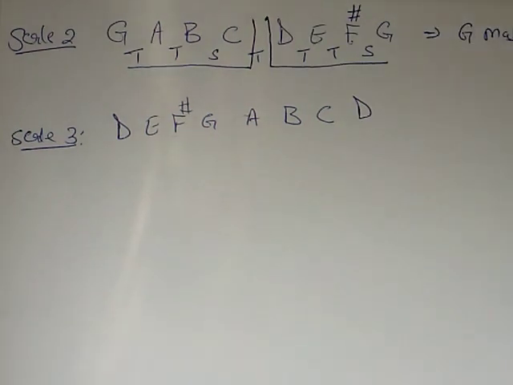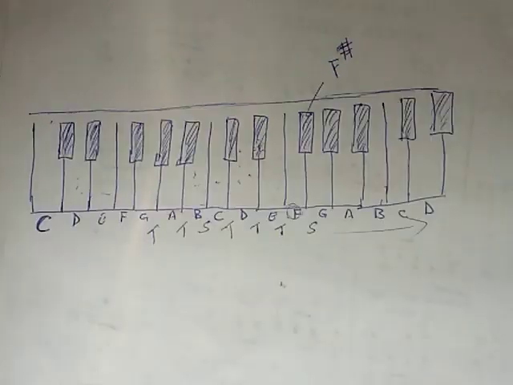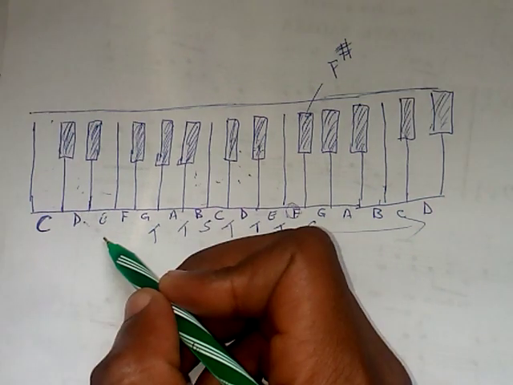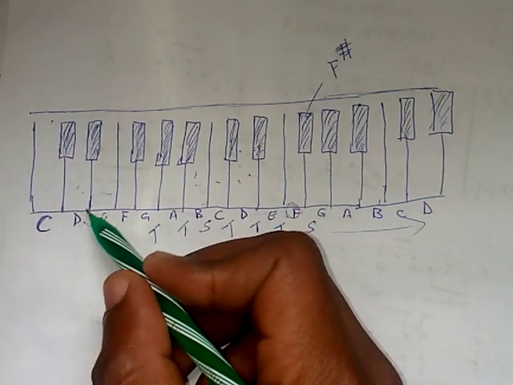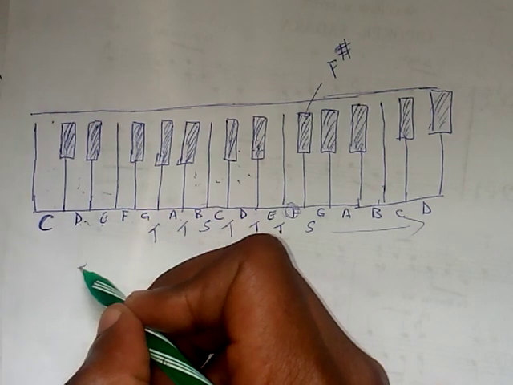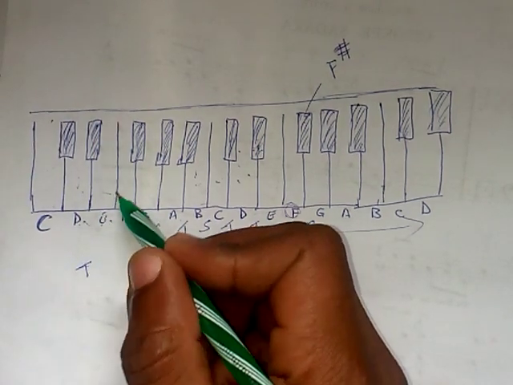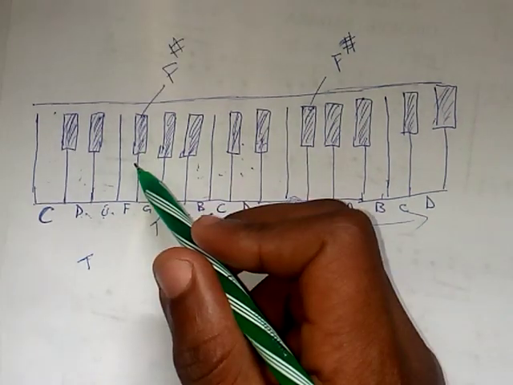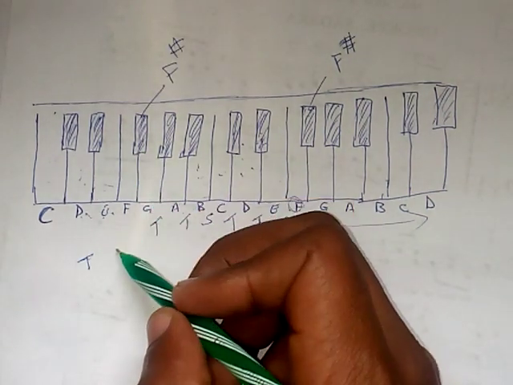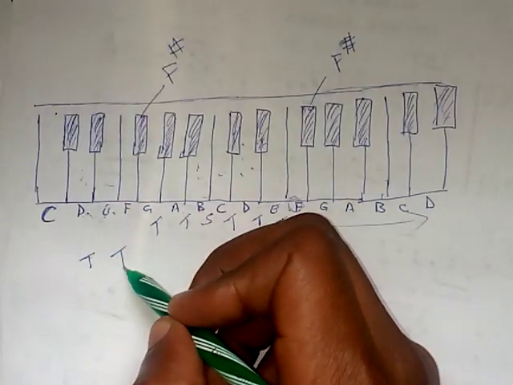And because it is a major scale, we now test our pattern: tone, tone, semitone, tone, tone, tone, semitone. My leading note is D or key, and we have the interval between D and E being a tone, which is correct. The interval between E and F sharp is 2 semitones, which makes up a tone, which is correct.